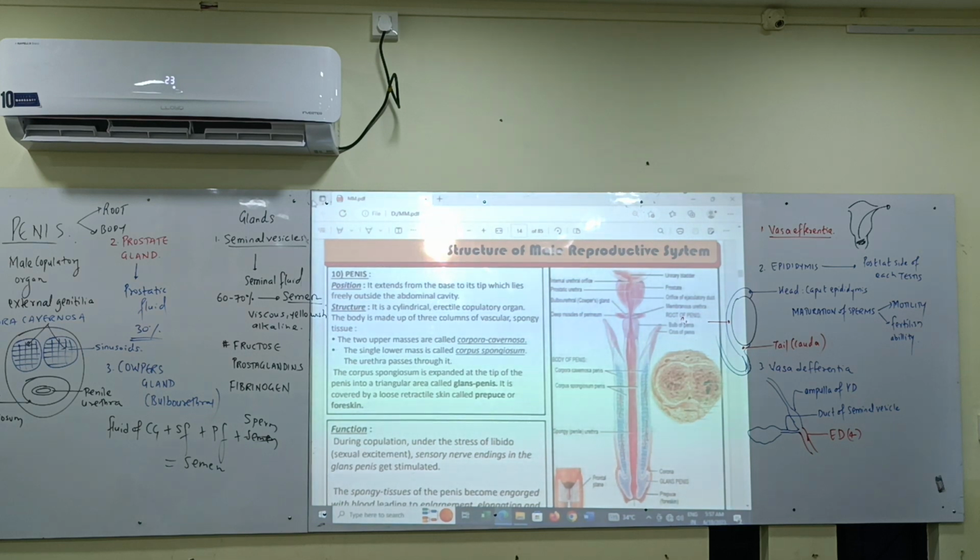When a man is not sexually aroused, the sinusoids of the corpora cavernosa are totally empty, as a result of which the penis will be a soft, flaccid organ. But when a man gets sexually aroused, when he has sexual feelings, the diameter of the penile artery increases and the penile vein becomes smaller.